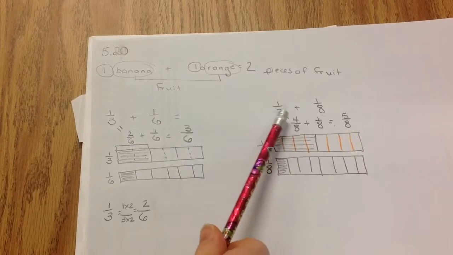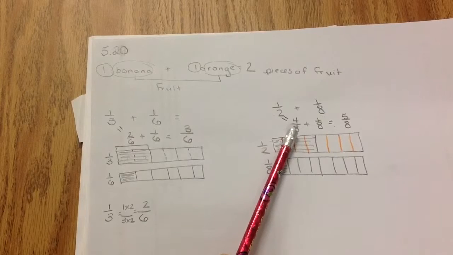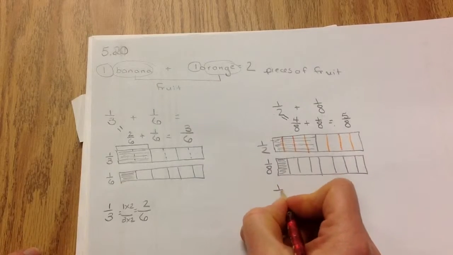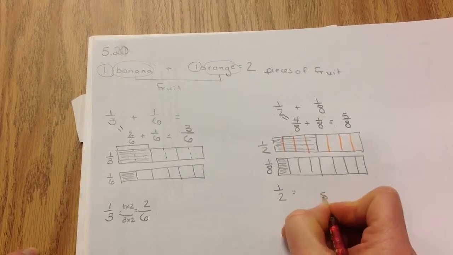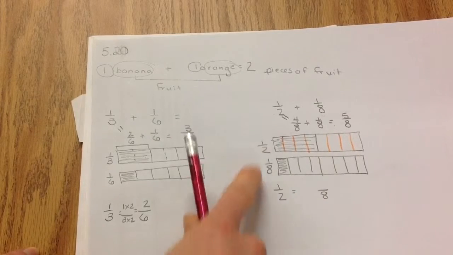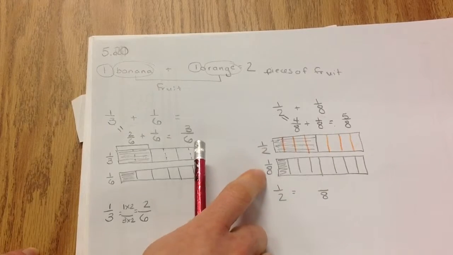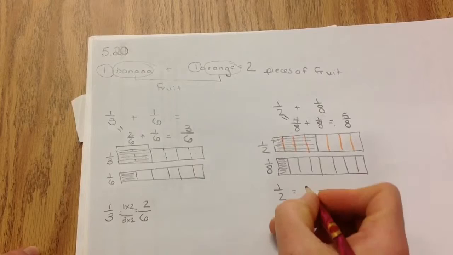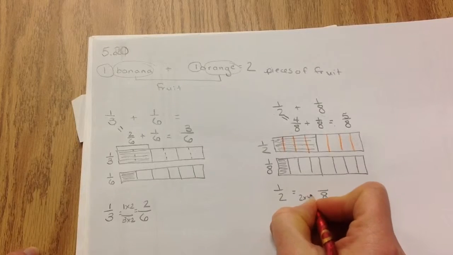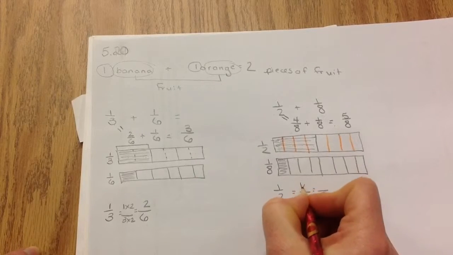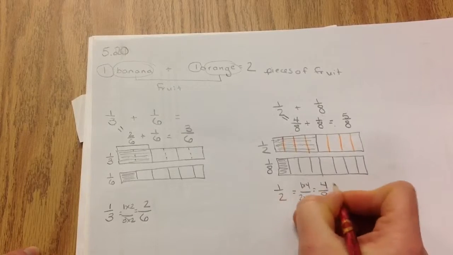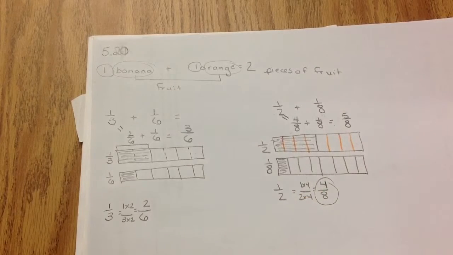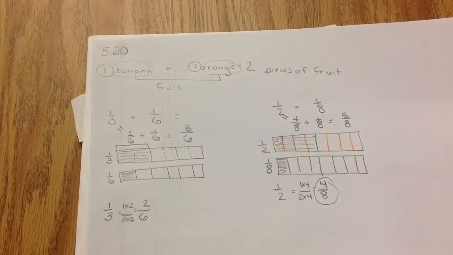So again, we're getting that common denominator. We went from 1/2. I want to know how many eighths that is, because I know that when I count by 2's, I get to 8. 2, 4, 6, 8. 2 times 4, 1 times 4, 4/8. Equivalent fractions. That's why we spent so much time on it.